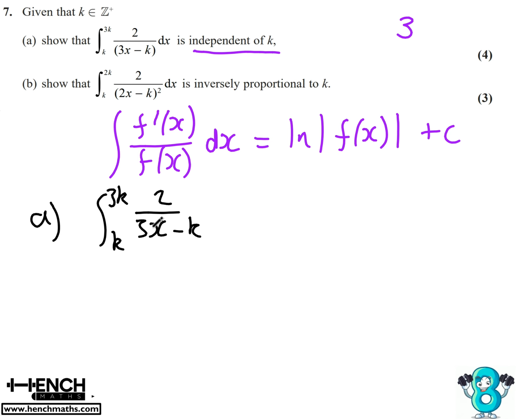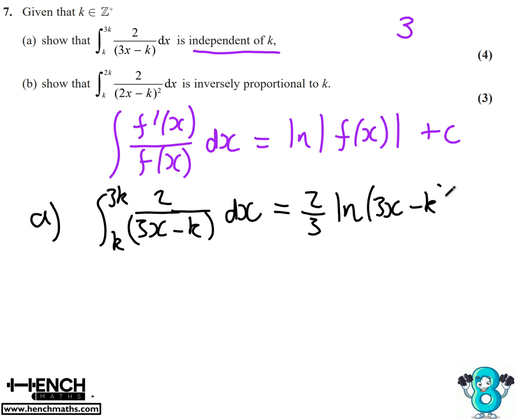So the integral of 2 over 3x subtract k with respect to x is going to become 2/3, because if it was a 3 on top it would be the whole thing, the natural log of 3x subtract k. And because we've got our limits, square brackets, 3k, k.